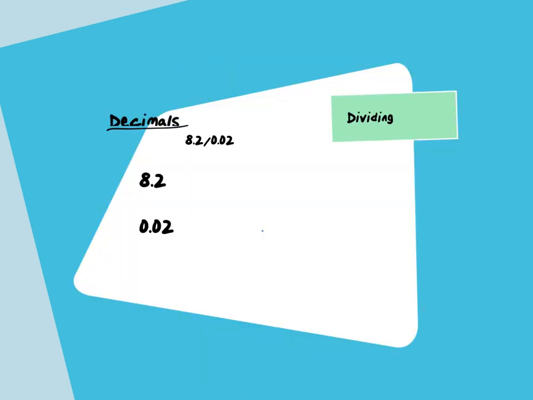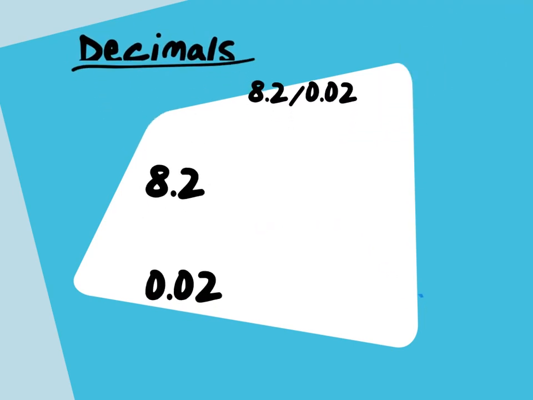Okay, dividing decimals is a little bit different to multiplying decimals, but the first thing that we've got to do is exactly the same, we need to get them both to whole numbers. So we've got to get rid of those decimal points. So if we look at 8.2 to start, we're going to have to multiply it by 10, because we're going to move our decimal point over 1.